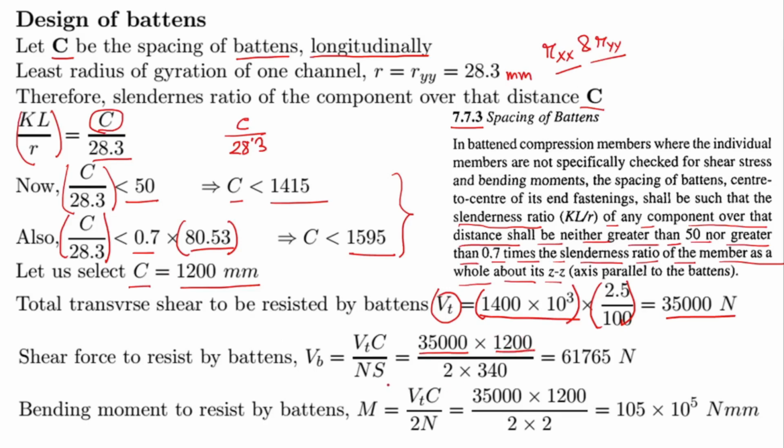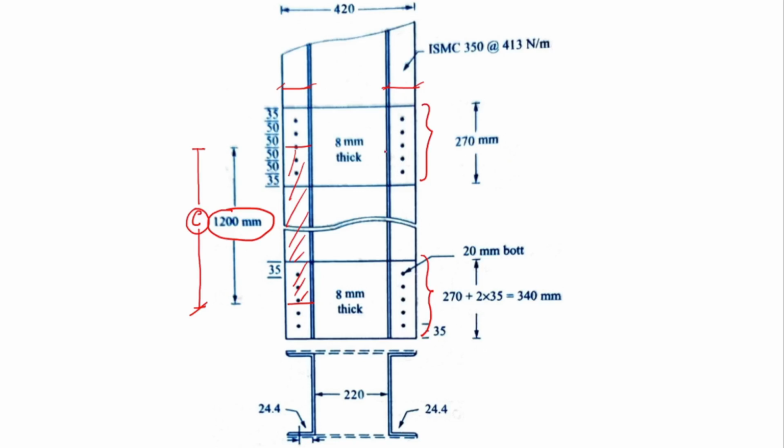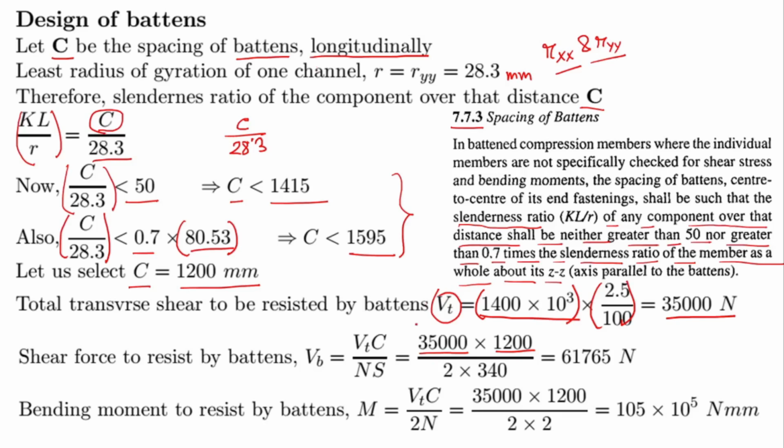N is the number of parallel planes of battens. If you see the figure, this is one side of the channel. On the other side also, I have to provide the battens. Means two parallel battens we shall provide on the two sides of the channel. So the value of N will be 2.